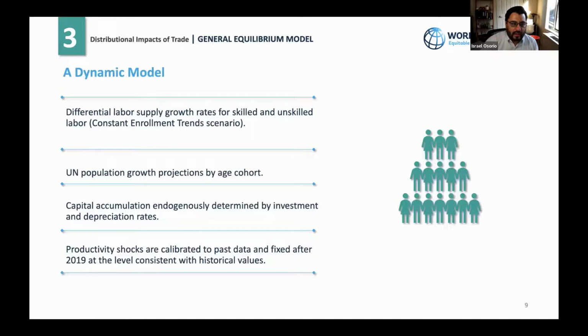And as you know, the most important aspect of this model in terms of labor is that it's a dynamic model. And we have changed an important assumption in the dynamics of labor growth. We are not following the standard assumption that skilled and unskilled labor grow at the same rate as the working age population.